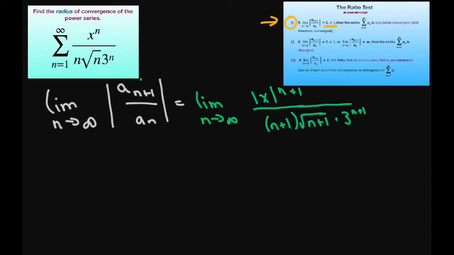So that's this part. Now for dividing by a sub n, that just means we're going to multiply by the reciprocal of a sub n, and this is your a sub n.